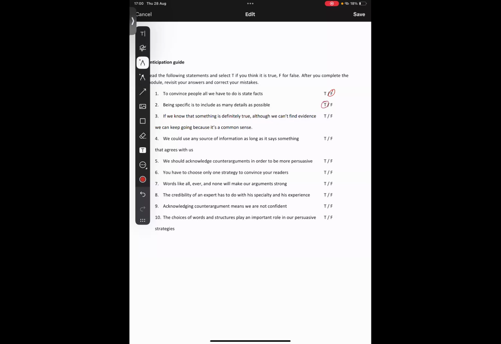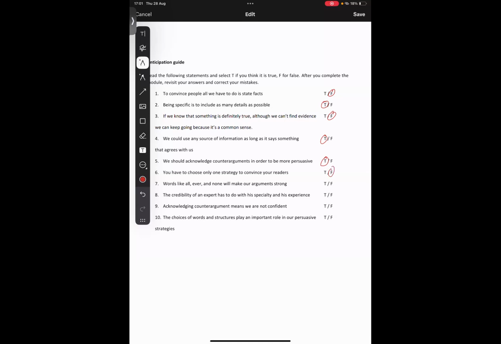Number three, if we know that something is definitely true, although we can't find evidence, we can keep going because it's common sense. That is not a bad thing to do at all. Number four, we could use any source of information as long as it says something that agrees with us. That is actually true. We should acknowledge counterarguments in order to be more persuasive. Absolutely. Number six, you have to choose only one strategy to convince your readers. No, there are multiple strategies to do so.